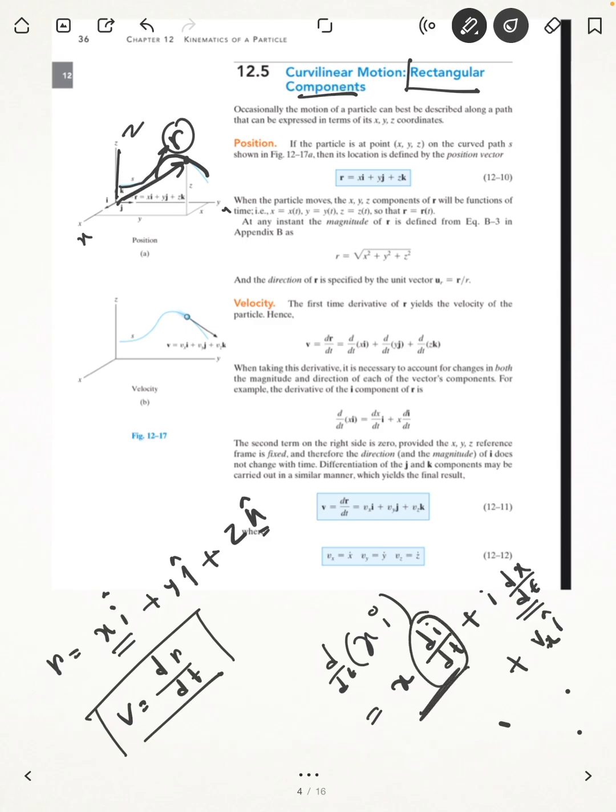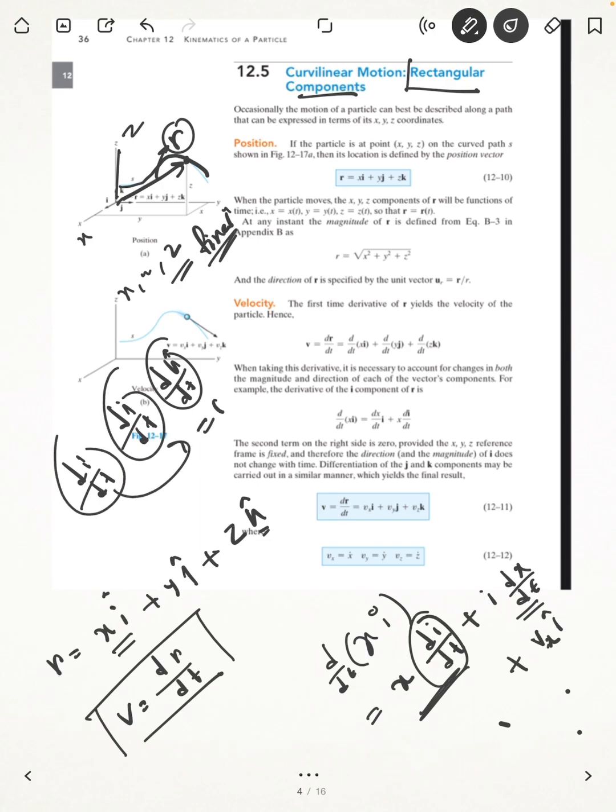But what about di by dt? It is the change of this unit vector with respect to time. As the x, y, and z references are fixed, the change of the unit vectors di by dt, dj by dt, and dk cap by dt will not change, so all of them are 0. So you only end up with vx i cap.